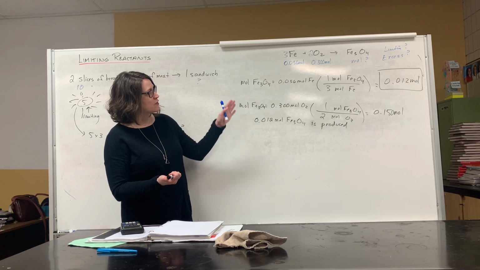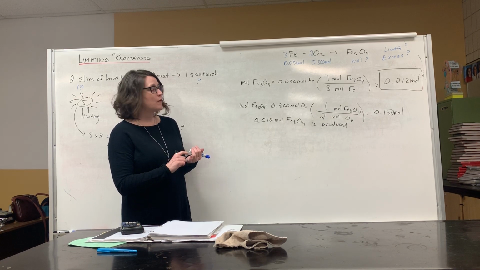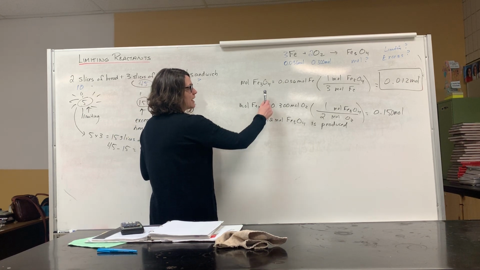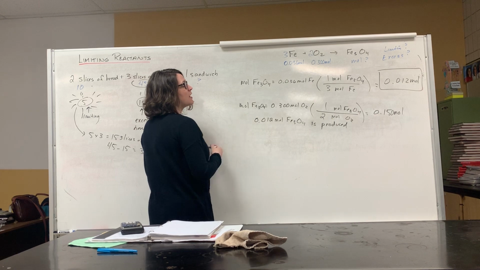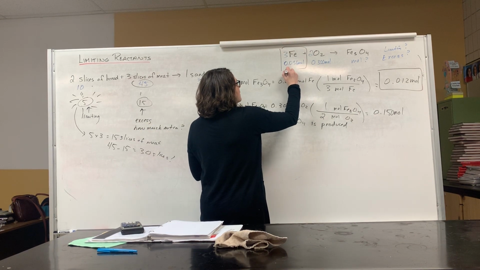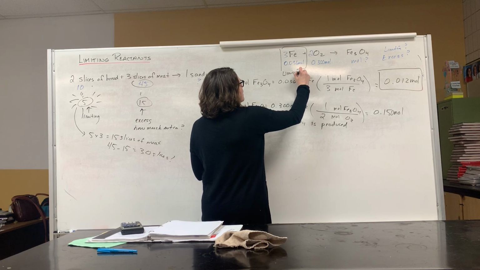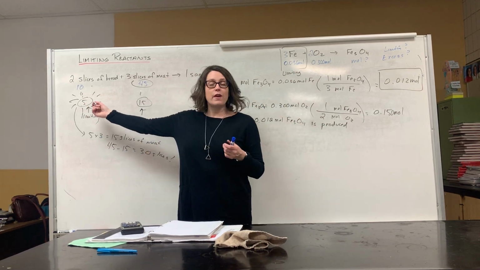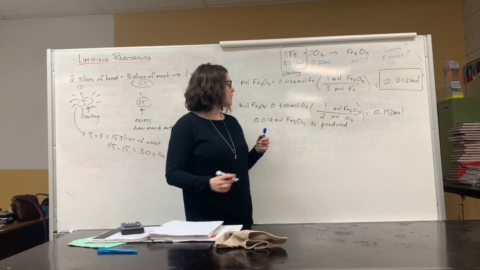The next question is asking you what is limiting and what is in excess. Now, the iron oxide answer that we used came from the iron. That means this is limiting. So that was the one that you were going to run out of. In the sandwich, the bread was limiting. That's what you were going to run out of first.